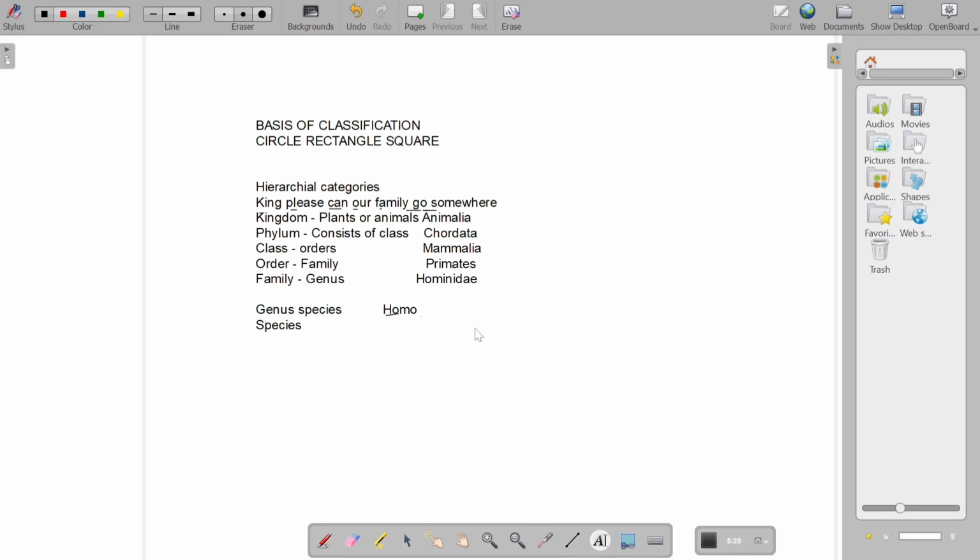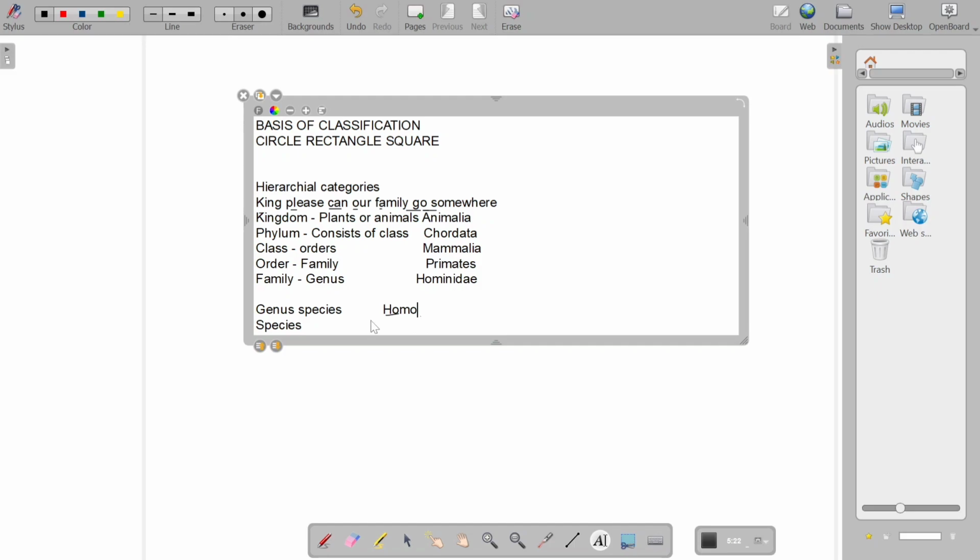Then our species is sapiens. Here the second name always starts with a small letter. So this is the scientific classification of humans. I have given the example for us humans. For all plants, animals and microbes, this type of format is generally followed to classify an organism.